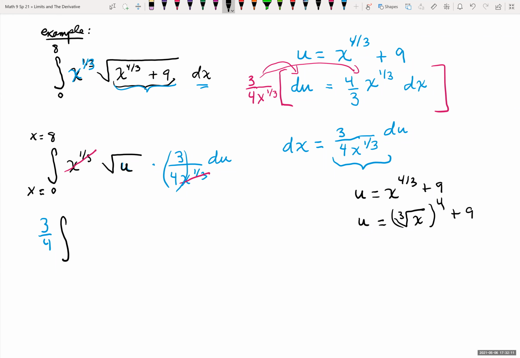So when x is equal to 8, if we go in there, we can find u. So we have u is equal to the cubed root of 8. Then we're going to raise that to the 4th power plus 9.